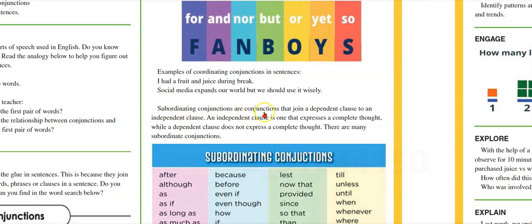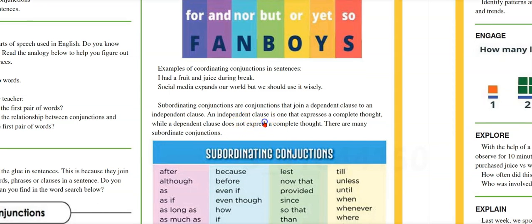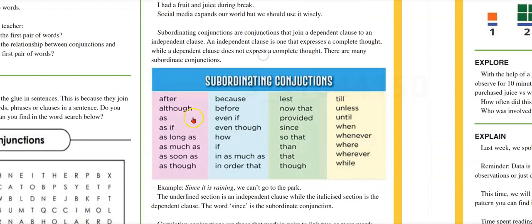Now, subordinating conjunctions are conjunctions that join a dependent clause to an independent clause. An independent clause is one that expresses a complete thought, while a dependent clause does not express a complete thought. There are many subordinate conjunctions. Here are a few.